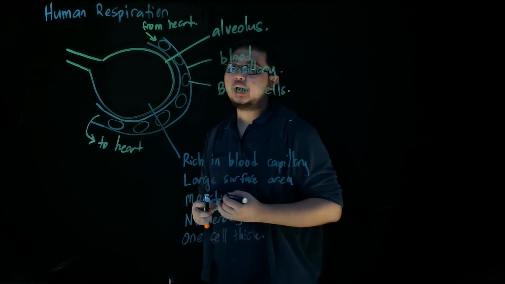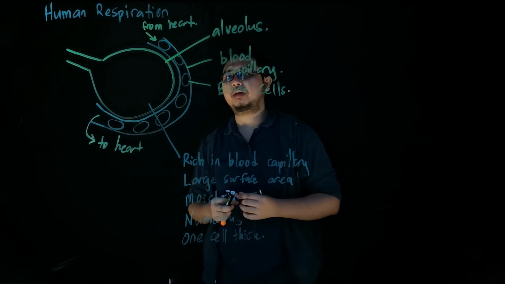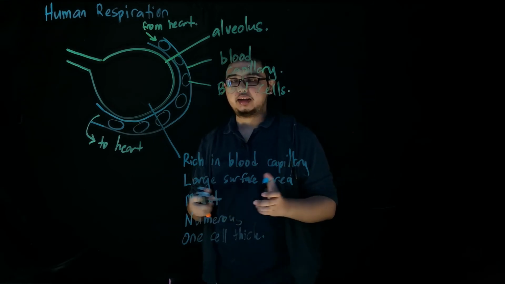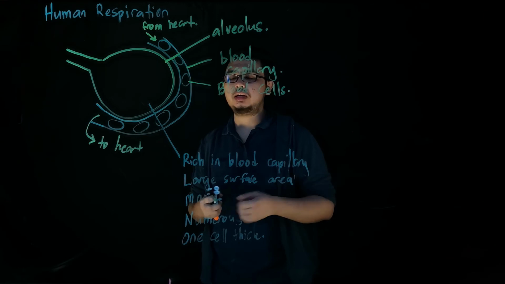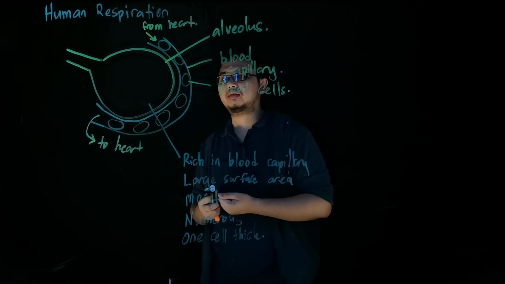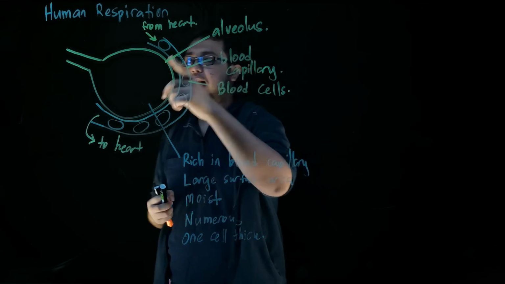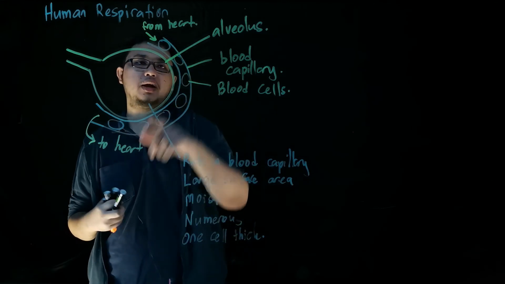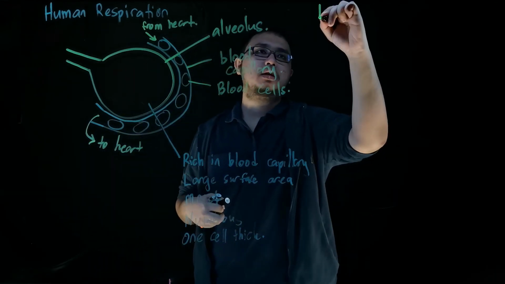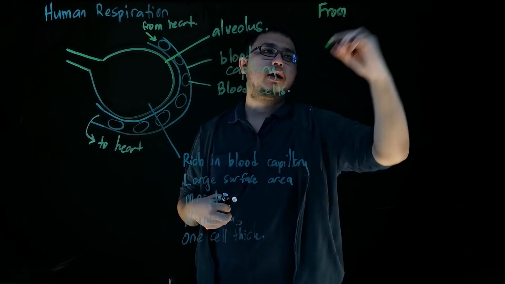Now, what happened here is that you have red blood cells coming from the heart. As the heart pumps red blood cells towards the lung, these red blood cells are rich in carbon dioxide.